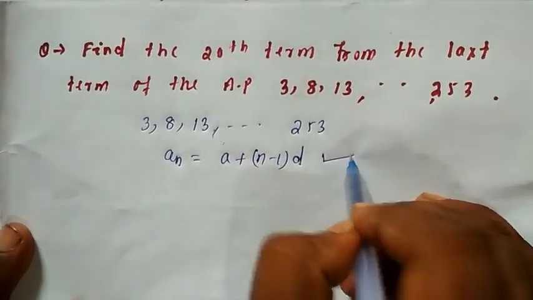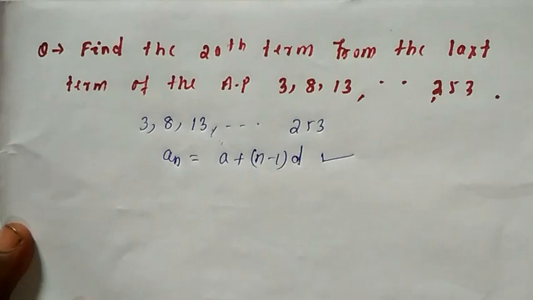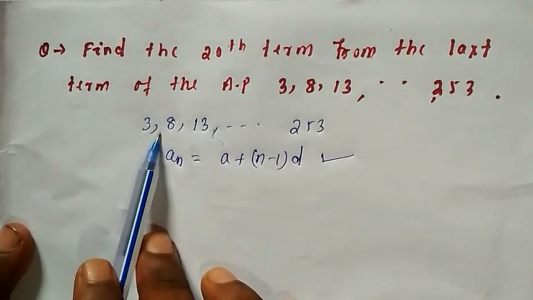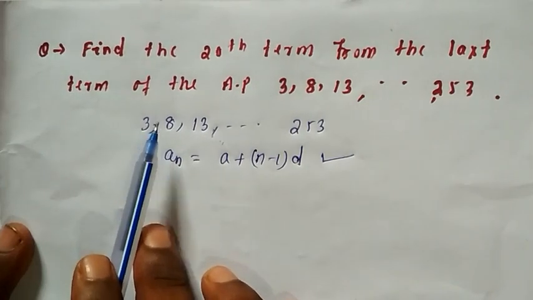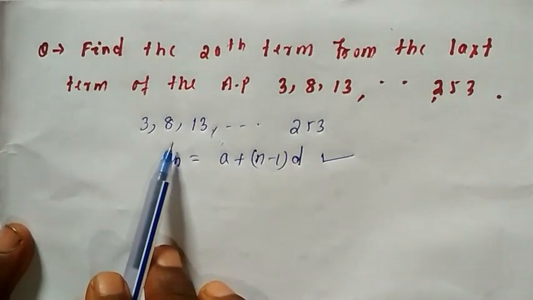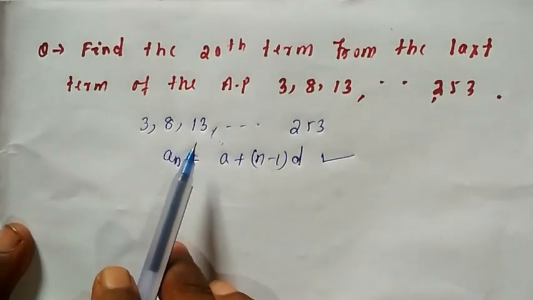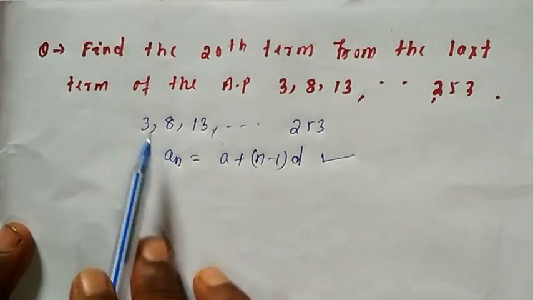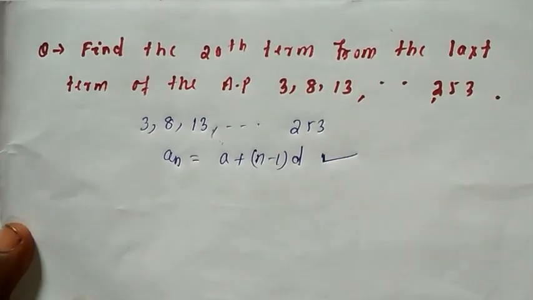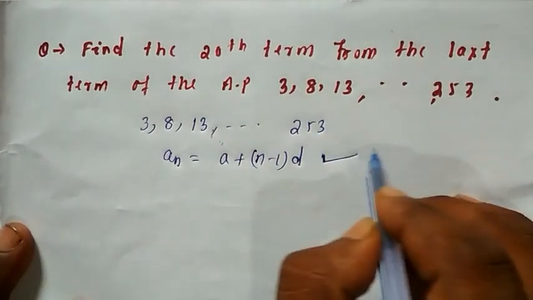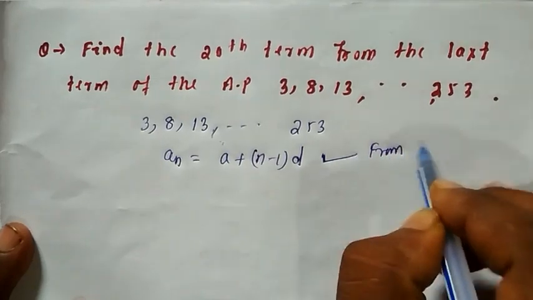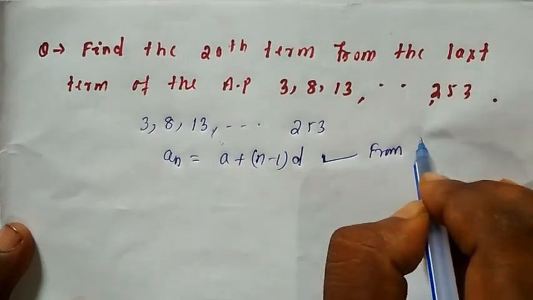By using this formula, you can calculate any term from the first, either the 17th term, the 18th term or the 19th term, whatever term you are calculating from the first. If the question is asking you to find terms from the last, this is the formula from the first.